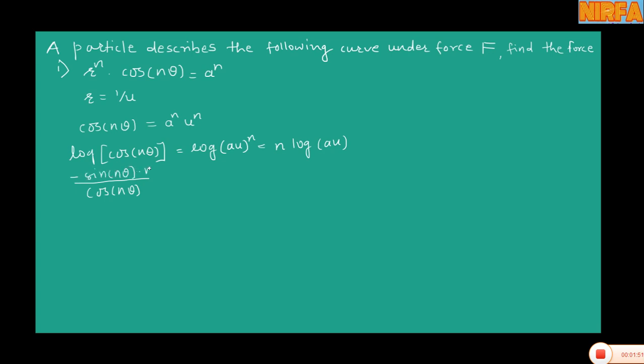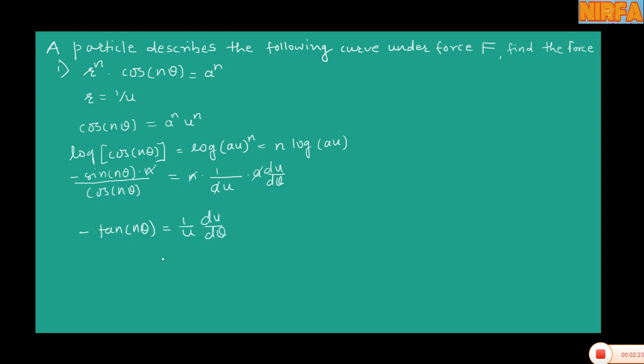And the derivative of n theta is n, equal to the derivative of the right side, which is n into 1 upon au into a du by d theta. So a gets cancelled, this n gets cancelled, and we get minus tan of n theta is equal to 1 upon u du by d theta.